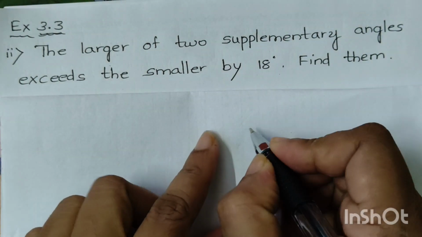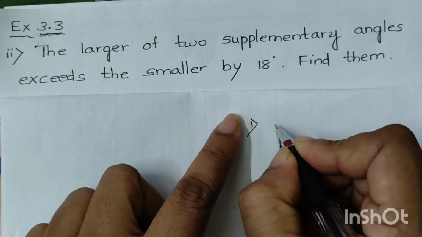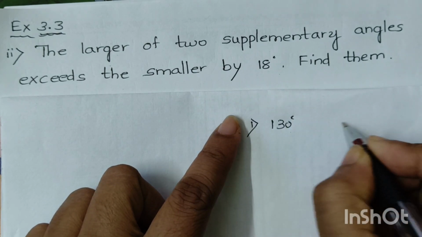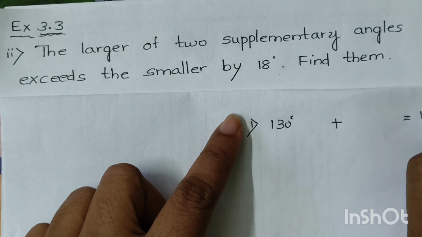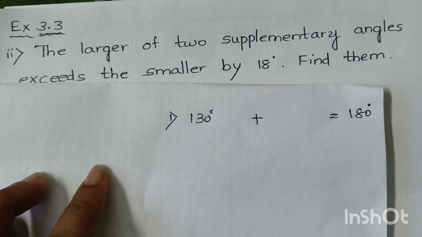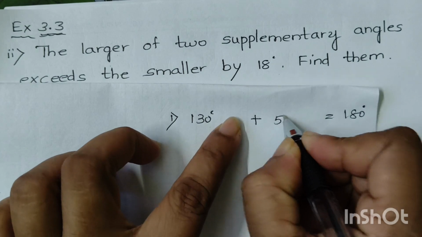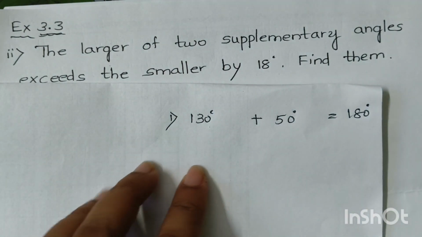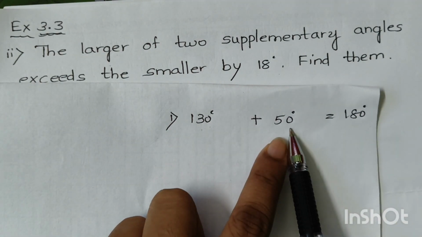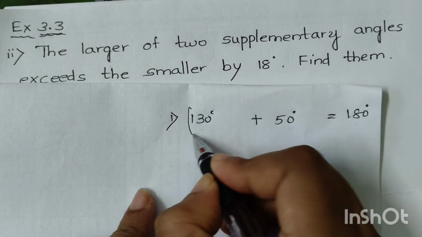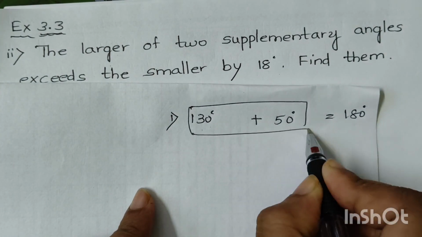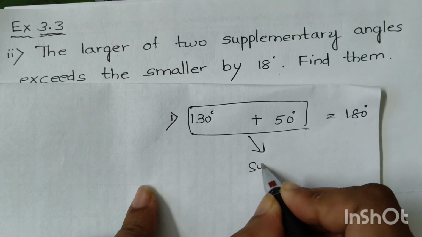For example, for 130 degrees, how much do I have to add to get 180 degrees? 50 degrees. Then these two are called supplementary angles.